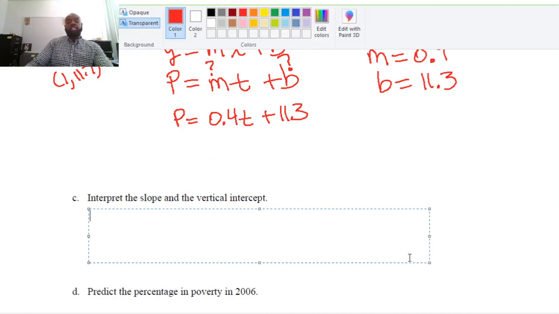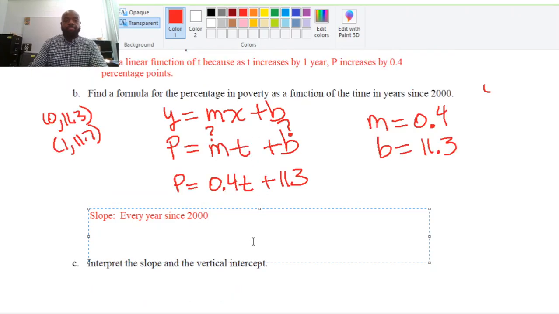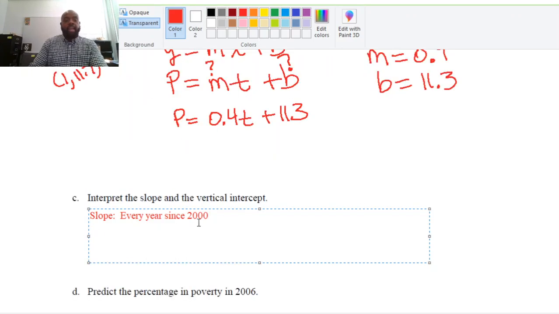Here's the interpretation, right? Remember, we said that the slope is your increase. Every time you increase your x's by 1, the slope tells you how much your y increases, right? So I'm going to say every year since 2000, right? Because t is my input value, and it represents the number of years since 2000, right?